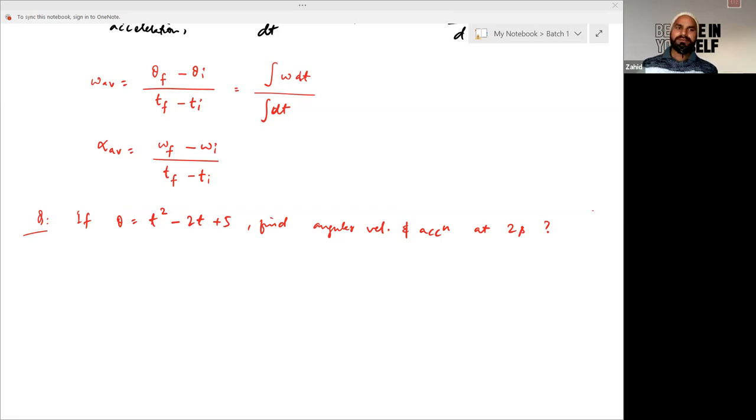Since you have theta, just differentiate it. Put the value of t, you will get angular velocity. So omega will be d theta over dt, and angular acceleration will be d omega over dt. Try to solve using these two formulas.